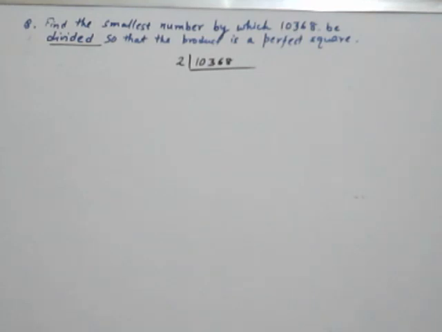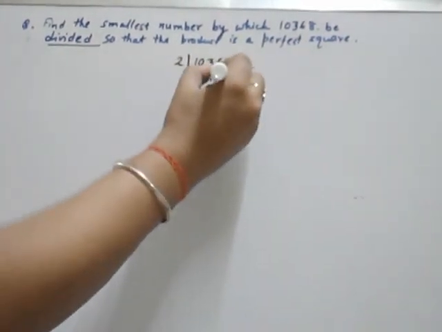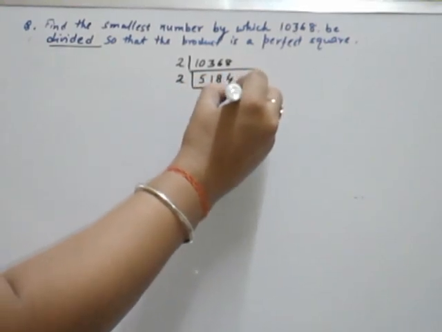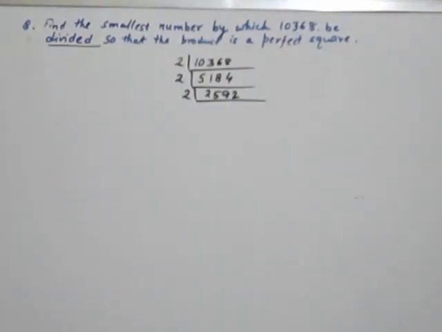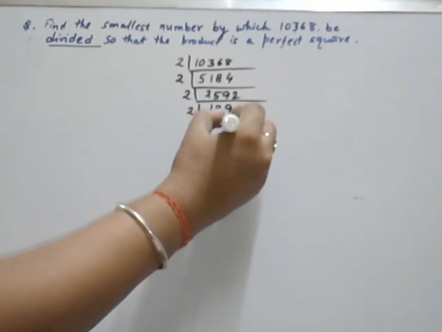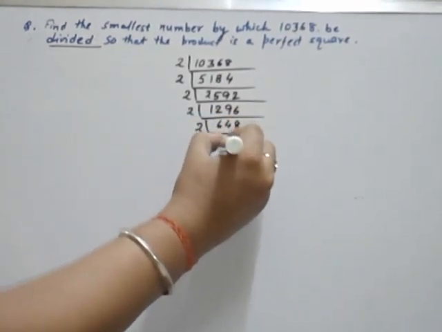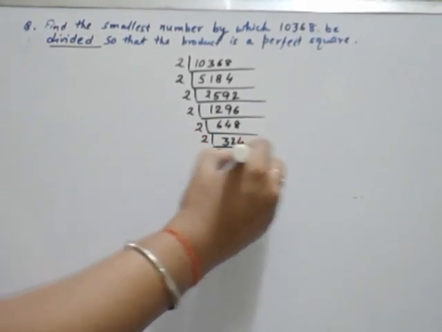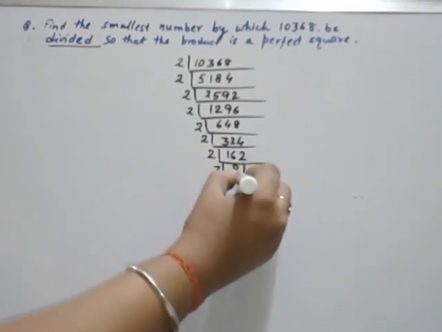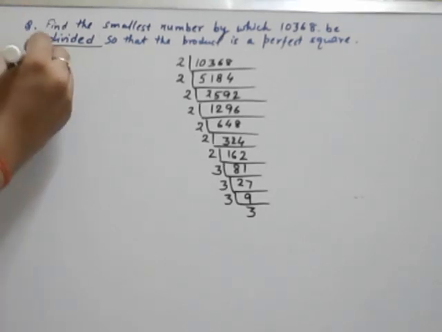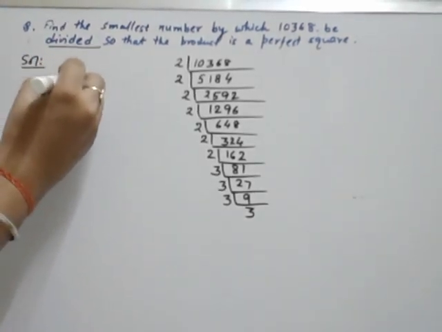So prime factorization of 10368, first if you divide by 2, the number is now next again divide by 2, again divide by 2, if we again divide by 2, so prime factorization of 10368 is.